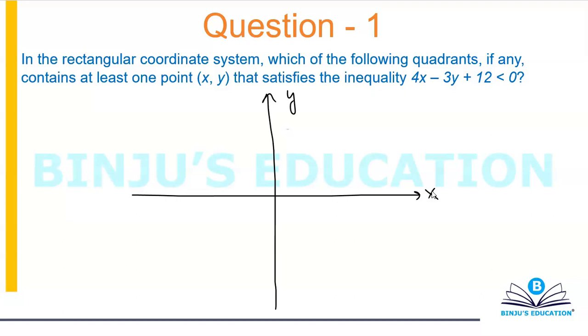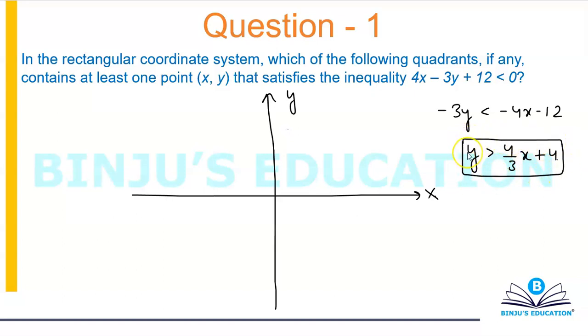First thing first, I'll have to rewrite this inequality. So minus 3y is less than minus 4x minus 12. Then dividing both sides by minus 3, y is greater than 4 by 3 x plus 4.